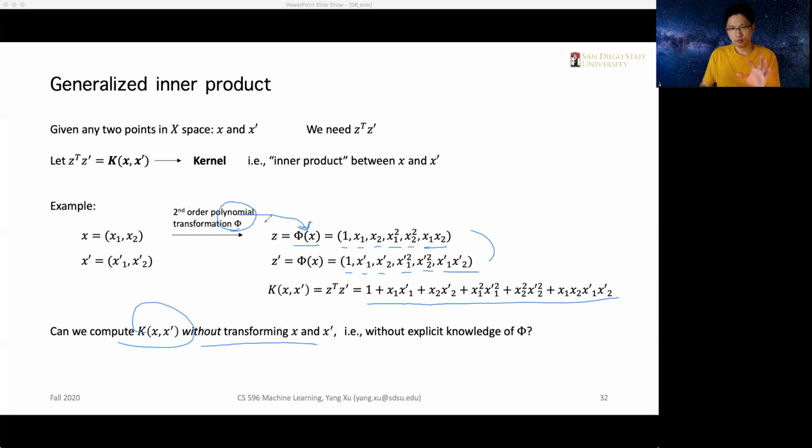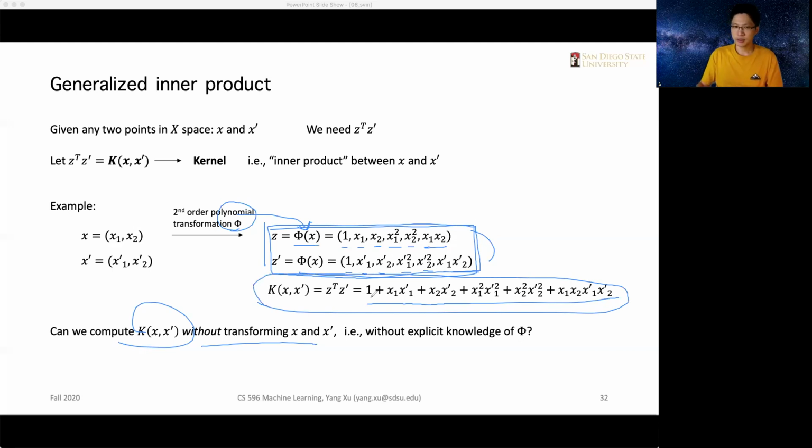Say we don't know these steps, we don't know phi, we can also have the kernel defined purely on X. If we define the kernel function in this way, then we can claim that it is based on some nonlinear transformation defined by phi. But that really doesn't matter because we can compute the kernel, and the kernel represents some sort of inner product. So we can actually do this without explicitly knowing what phi is.